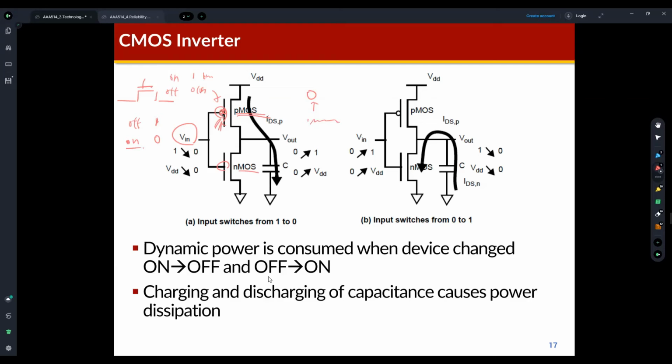So in this case, the input signal changes from 1 to 0, which means the PMOS transistor is on and the NMOS transistor is off. One node of the PMOS transistor is connected to VDD, and another node of the NMOS transistor is connected to the ground.